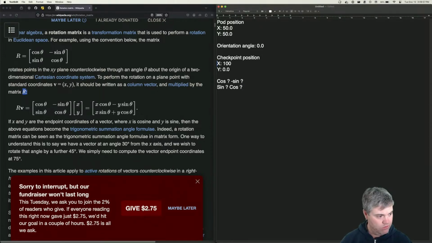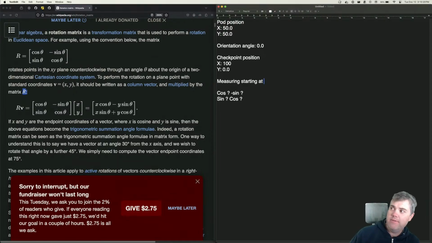Okay, so measuring starting at, like, I guess a random. Correct, yeah, negative will have angle 180 degrees. I probably need to keep that into account because what if it's behind me?